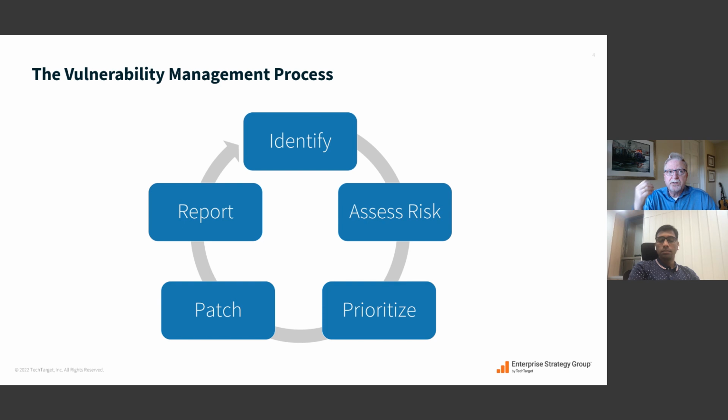Where are those vulnerabilities? Are they risky? Are they not risky? Which ones become more important? Do we patch? And patch is maybe a loaded term because there's lots of things that fit in the patch category. It's more like, do we remediate, right? And then how do we keep up with what our current risk profile is at any given time? What is our total risk situation across the environment?